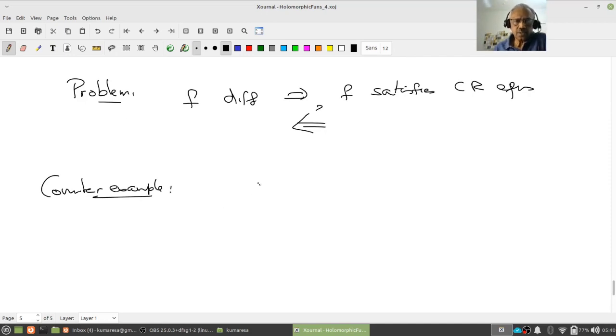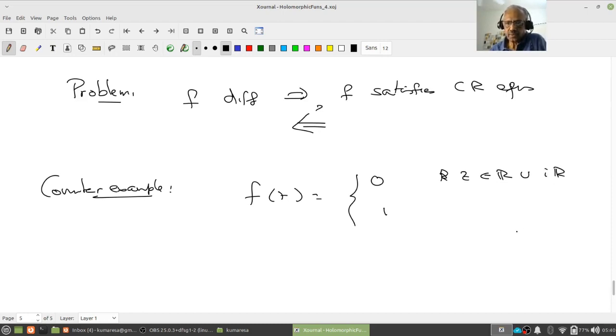Let us look at f of z equal to 0 if z is either in R or purely imaginary, otherwise 1. So what is this?